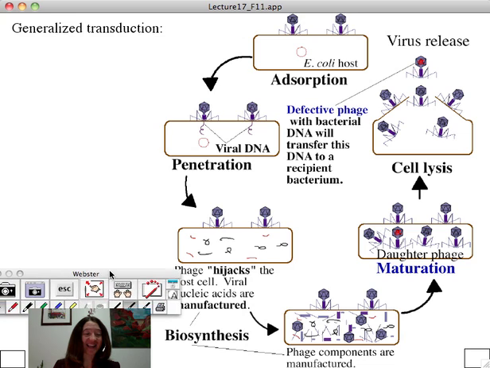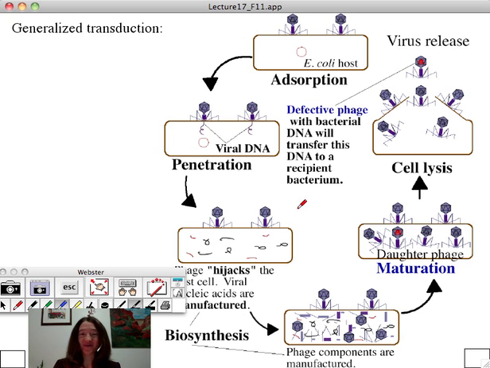I'm going to jot that down in case you want to have that in mind: the other name for a defective bacteriophage is a generalized transducing particle.